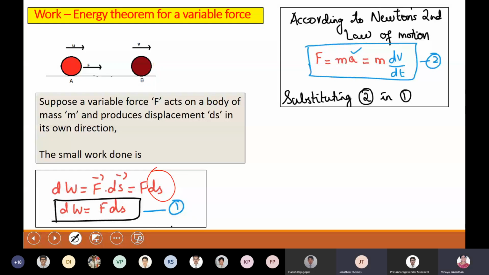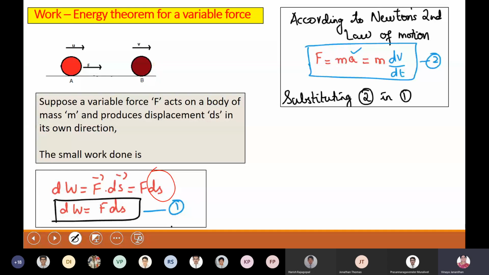Is that the diagram for the derivation? If not necessary, you need not draw the diagram. So this is expression one. This is the work done in moving the body through a very small distance.